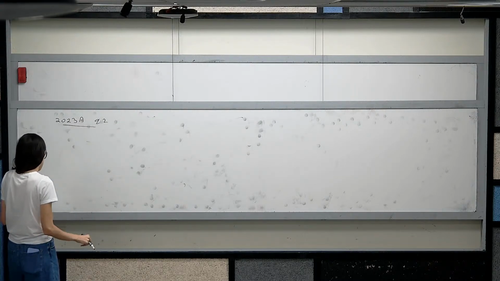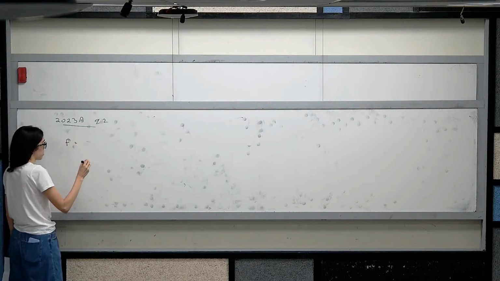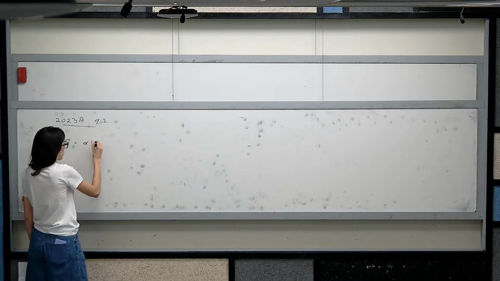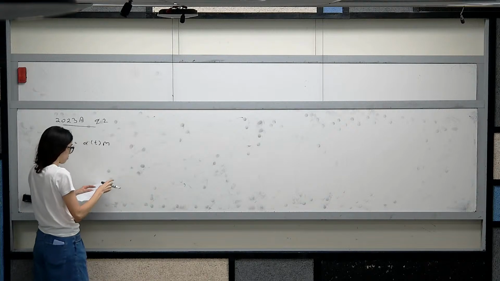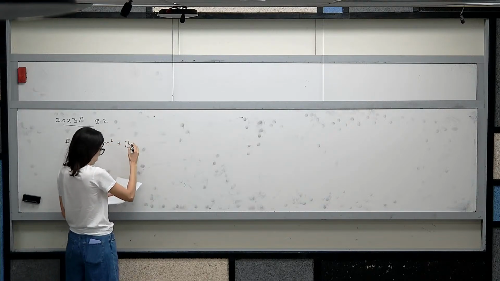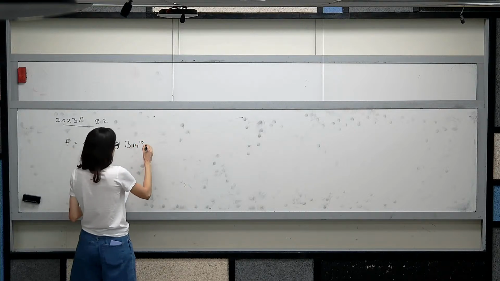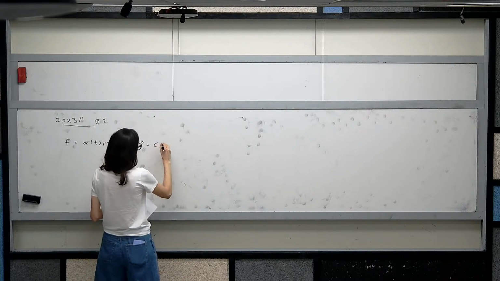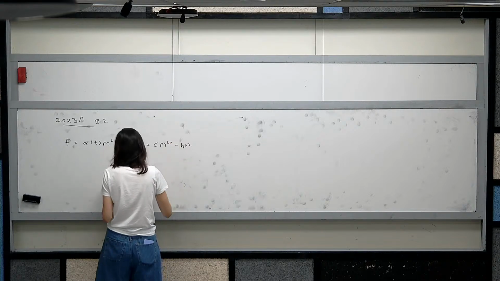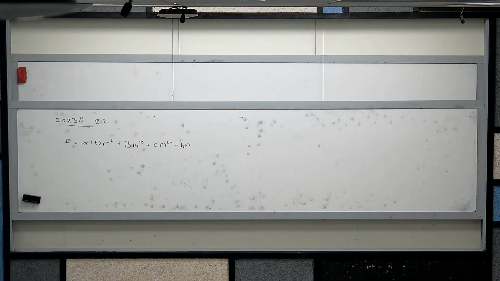So, given some general form of the free energy, we have F equal A(T) m squared plus B m to the power 18 plus C m to the power 20 minus hm. So that's the Landau thing.